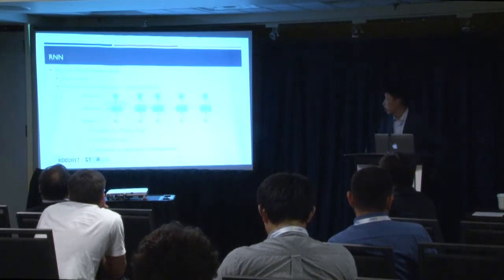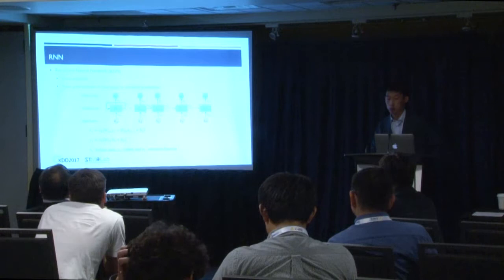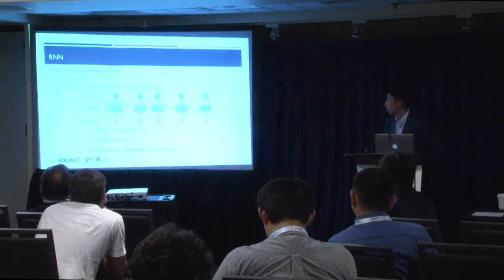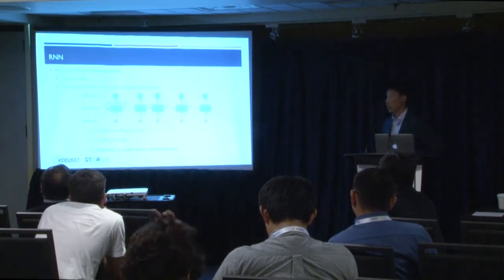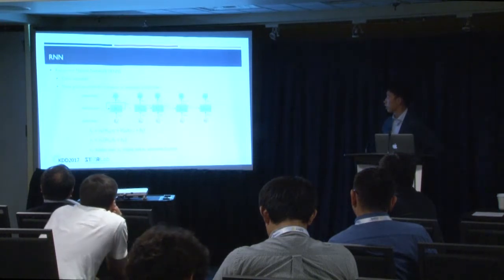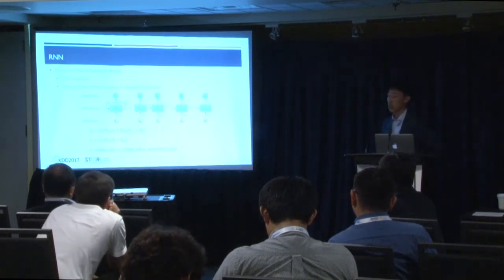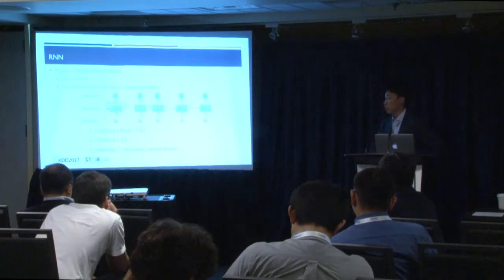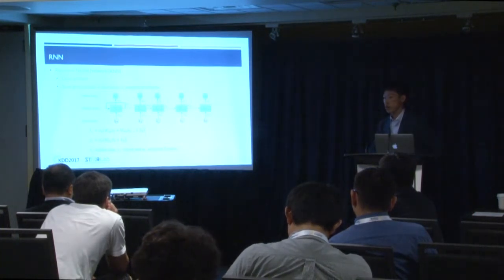Then I will briefly introduce several building blocks of our framework. The first one is RNN. RNN has a chain structure, and it has been shown that it has great power in time series data processing and sequence prediction.